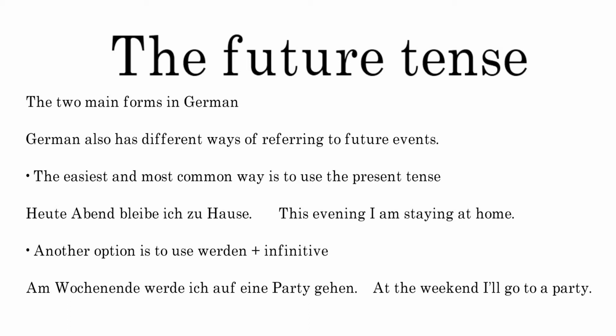So here we have "at the weekend", which we can say is a chunk. So we just use a chunk here. Firstly the chunk, then the subject, then the werden form, then your object, and then the last verb in the infinitive form. It is non-conjugated. Okay.